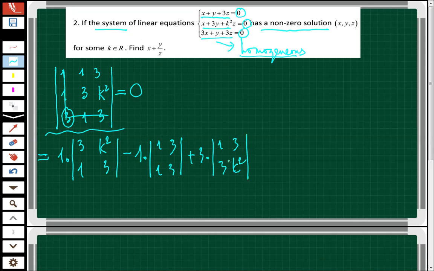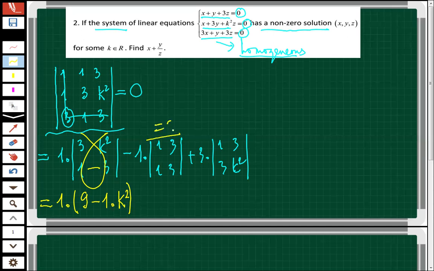I am sure that you remember very well how to calculate these determinants by applying the alpha rule with the minus sign. We get here 1 multiplied by 3 times 3, which is 9, minus 1 times k squared. This determinant equals 0. Why?